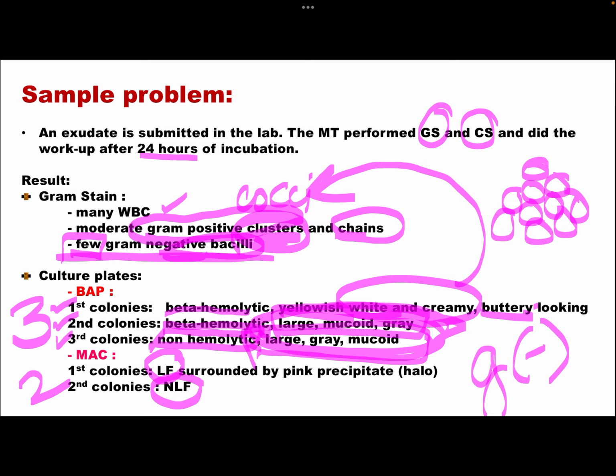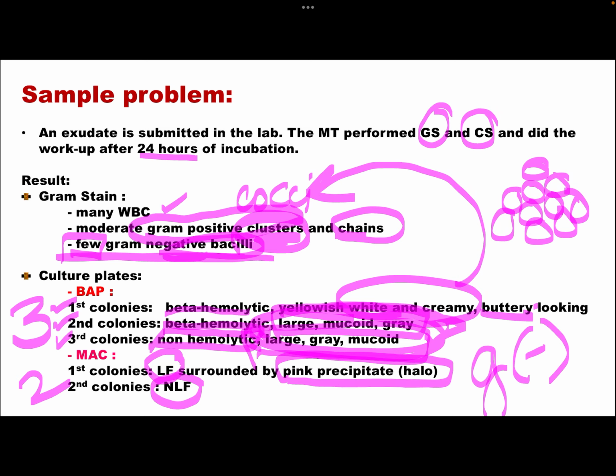Another distinct description that was given here: the lactose fermenter is surrounded by pink precipitate, or there's a halo surrounding the lactose fermenter. Commonly, class, these are the things that you can encounter when you are doing the workup in bacteriology. The specimen submitted by the nurse or the patient might contain numerous microorganisms.